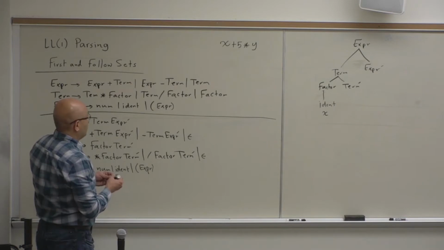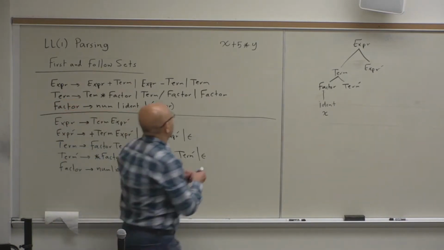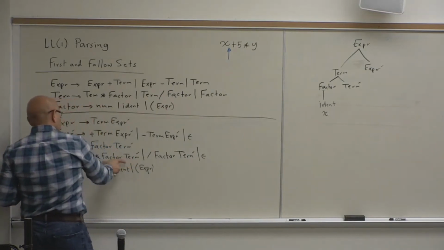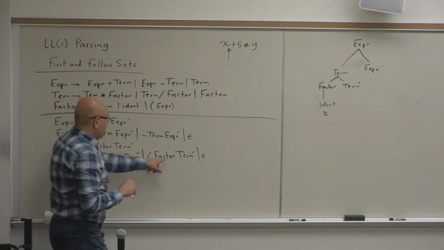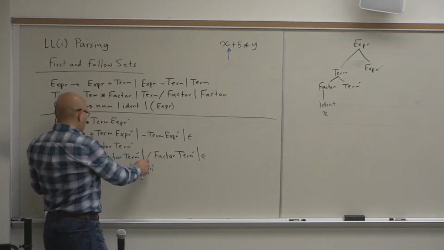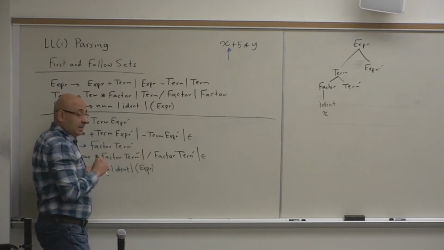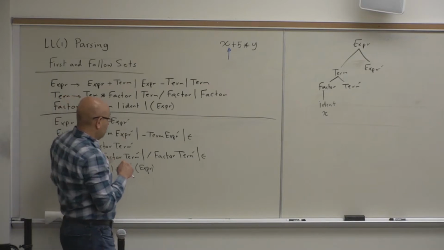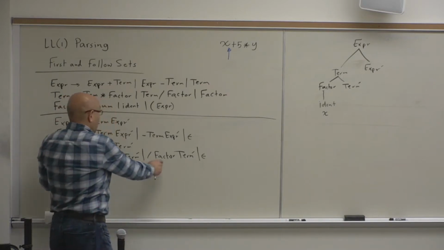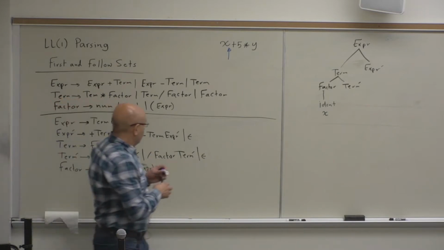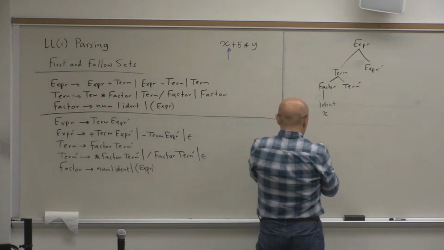We didn't have any of them because after that the pointer is going to be at the plus. So these are invalid options for term prime, because we are not seeing any of star or divide. This is the only valid option, which is epsilon.